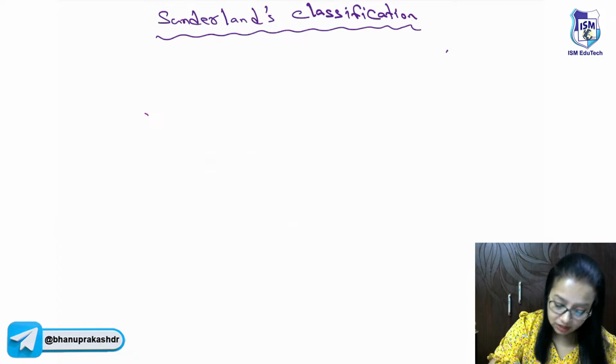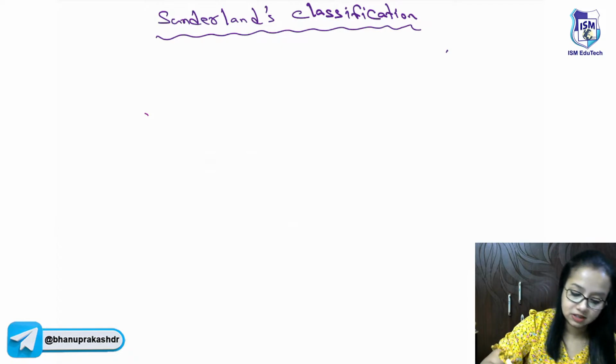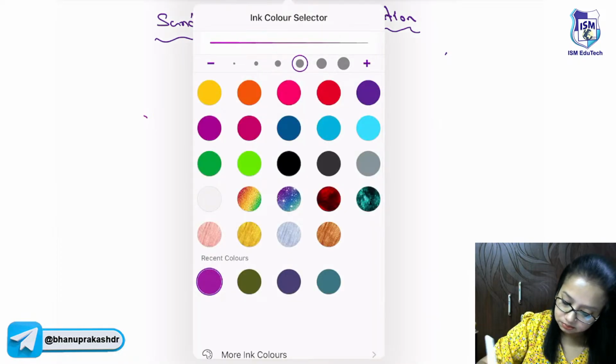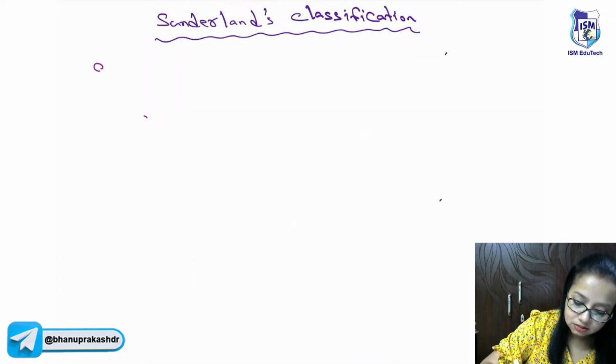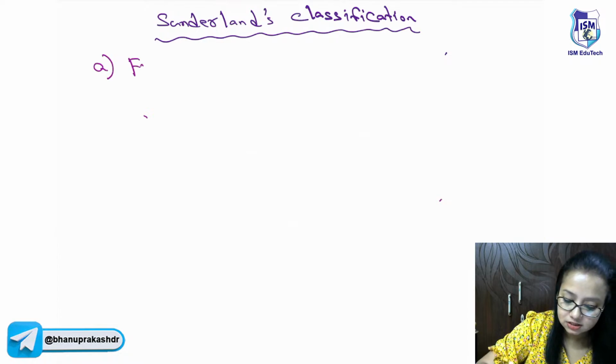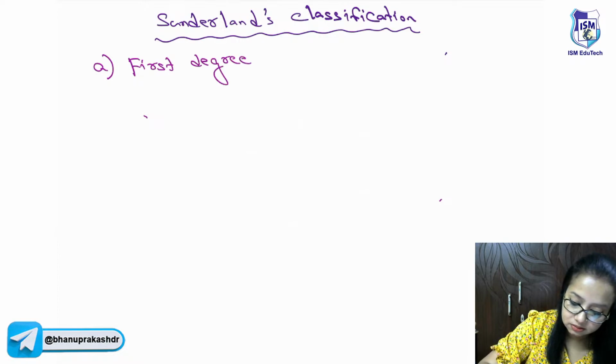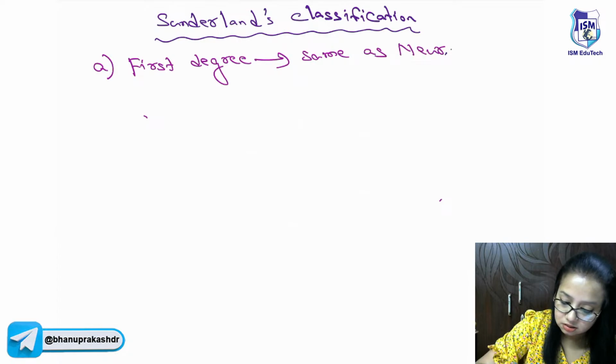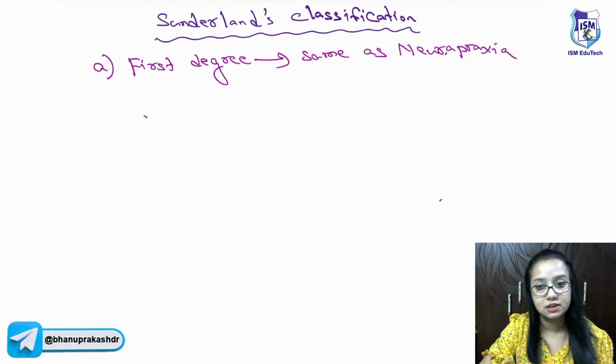So according to Sunderland's classification, the first degree is the same as neuropraxia.